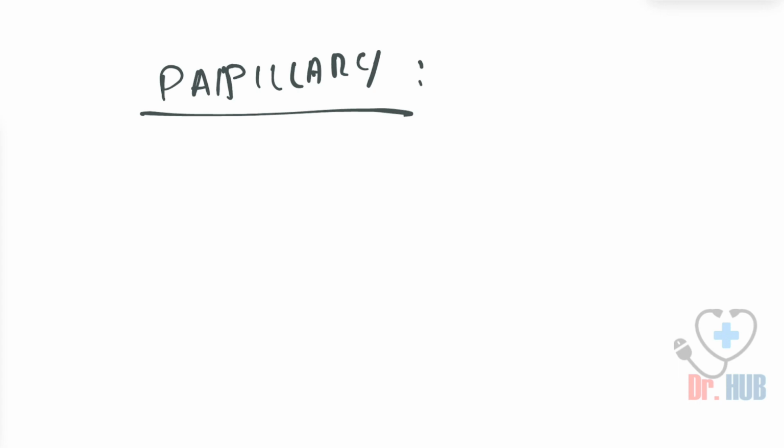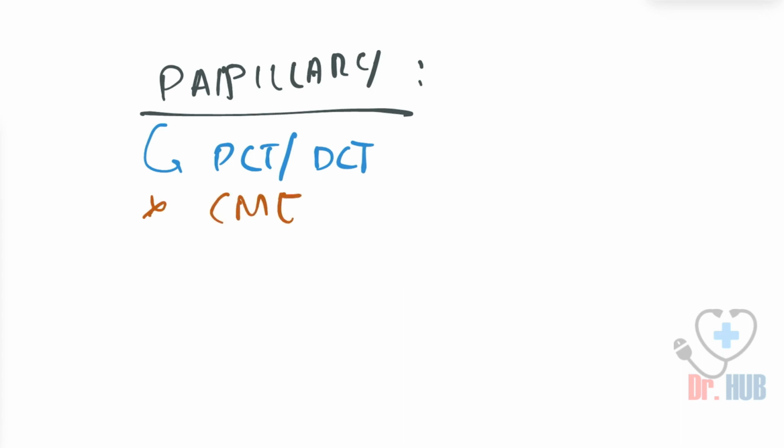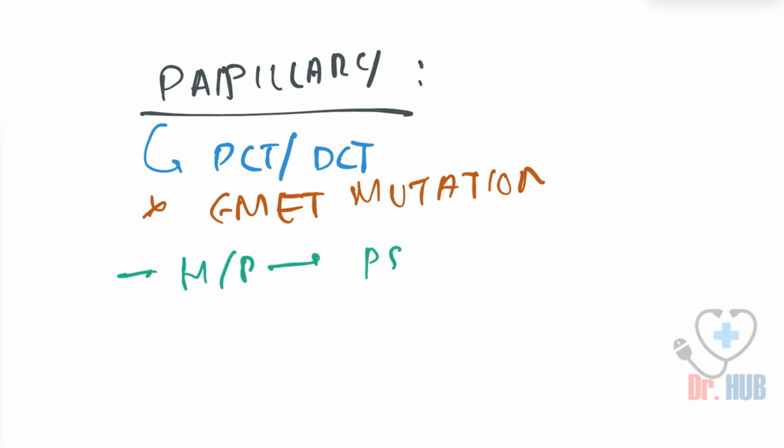Now we'll be answering our questions. The very first question we asked was, talk about the papillary type. Under papillary, we need to know it originates from the PCT or the DCT, and it is caused by the c-MET mutation. The histopath shows the presence of psammoma bodies.